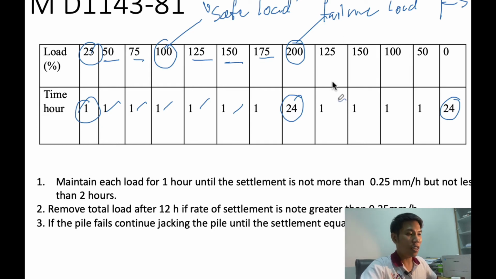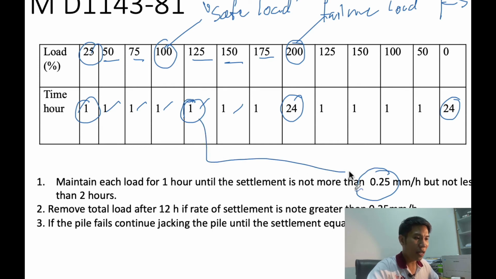For each loading, if we increase to a certain load and find that the pile still has settlement and the rate of settlement is still really high, you have to check this rate. If the rate of settlement at a certain load level is more than 0.25 millimeter per hour, you have to wait another 1 hour, but not more than 2 hours.